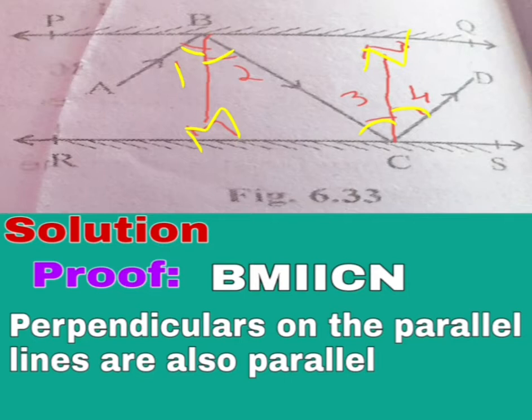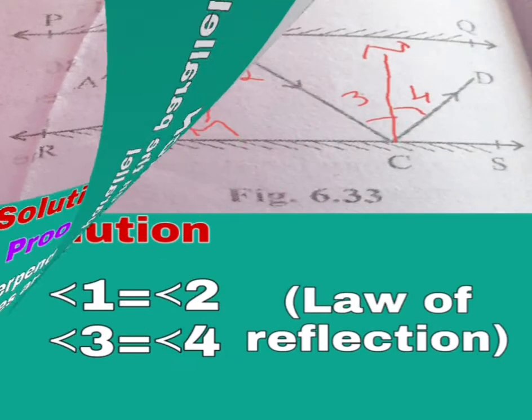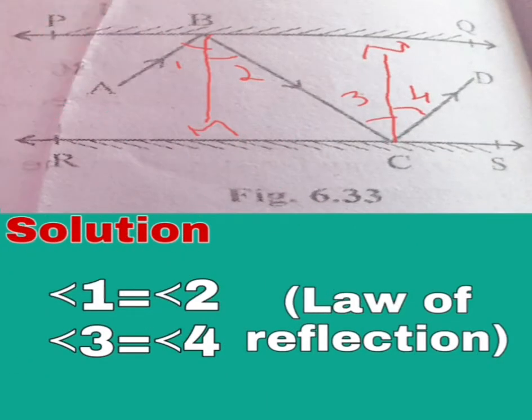That is the concept of drawing the perpendicular between the parallels. We consider that as the first part of our proof, that is BM parallel to CN. The second part of the proof: angle 1 is equal to angle 2, angle 3 is equal to angle 4, because of the law of reflection.